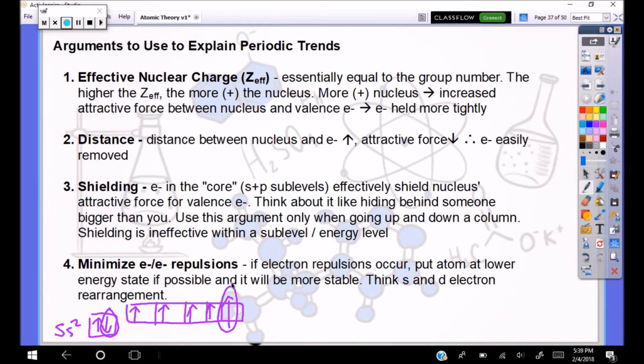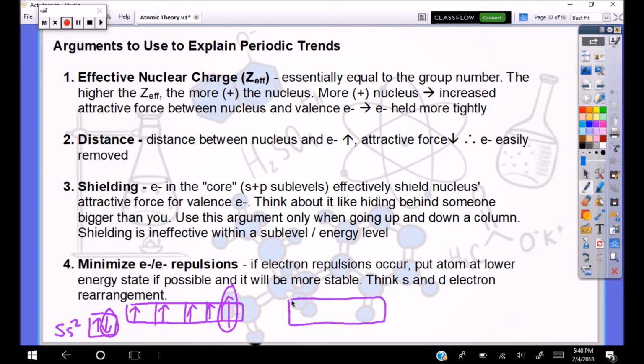So we know those 5s2 electrons are, one, further away, two, they're shielded, so the nucleus doesn't have a very strong attraction to them. If we can minimize those repulsions, we will. And since it's far away, we're able to minimize those repulsions and put it in a sublevel that's a little bit closer and where it doesn't have a pair.